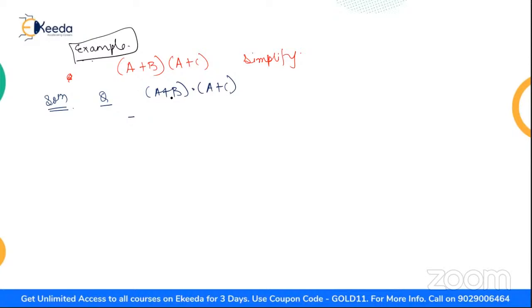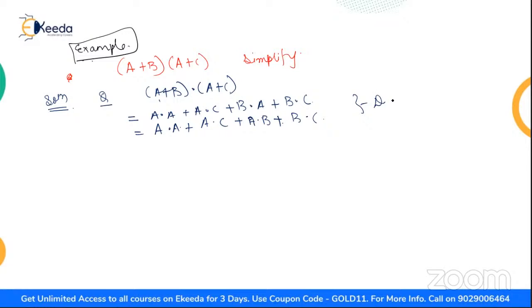So this I will open up: A dot A plus A dot C plus B dot A plus B dot C. This is equal to A dot A plus A dot C, B dot A is equal to A dot B, we have seen this, plus B dot C. This is which law? Distributive law.